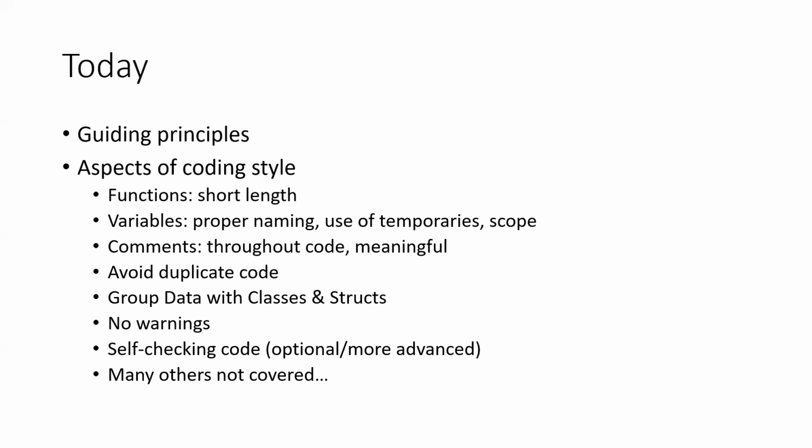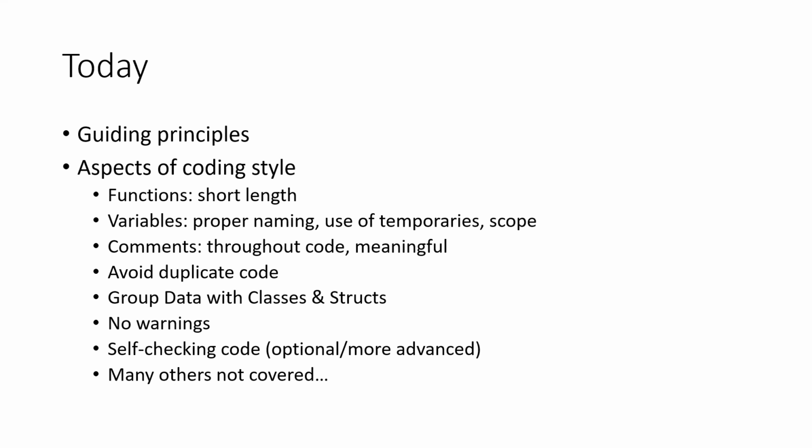So today we're going to discuss the aspects of coding style. So first, the functions need to be short. And if you have long blocks of code in a function that describes a certain behavior, we recommend you make it into helper functions that are called within the function.